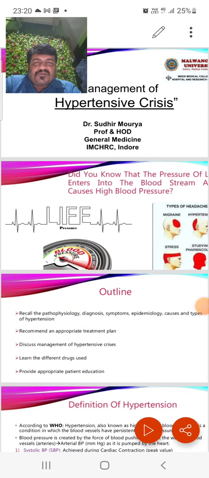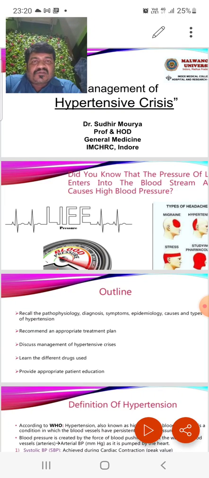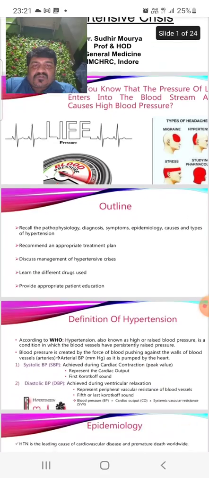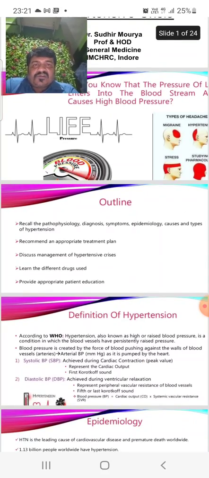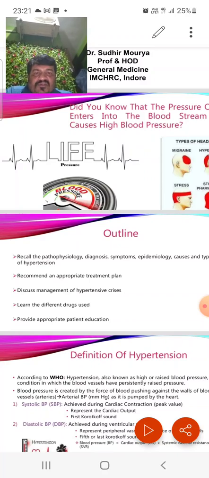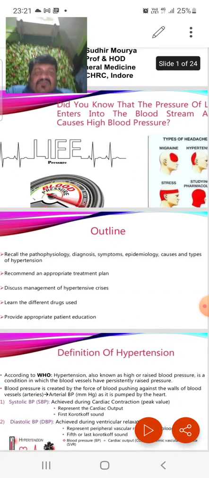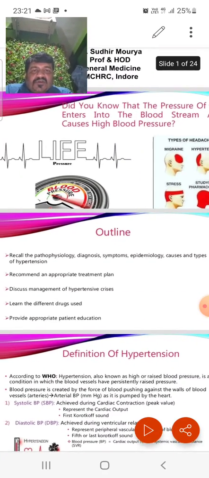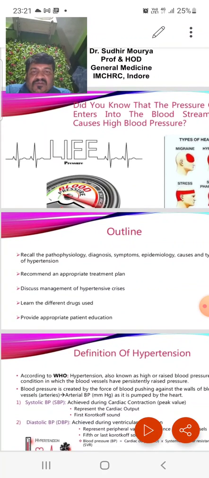So, from today, we are going to start some topics which are very much beneficial for you in your intensive care unit postings. My first topic is management of hypertensive crisis. The outline is: first, recall the pathophysiology, diagnosis, symptoms, epidemiology, causes and types of hypertension.